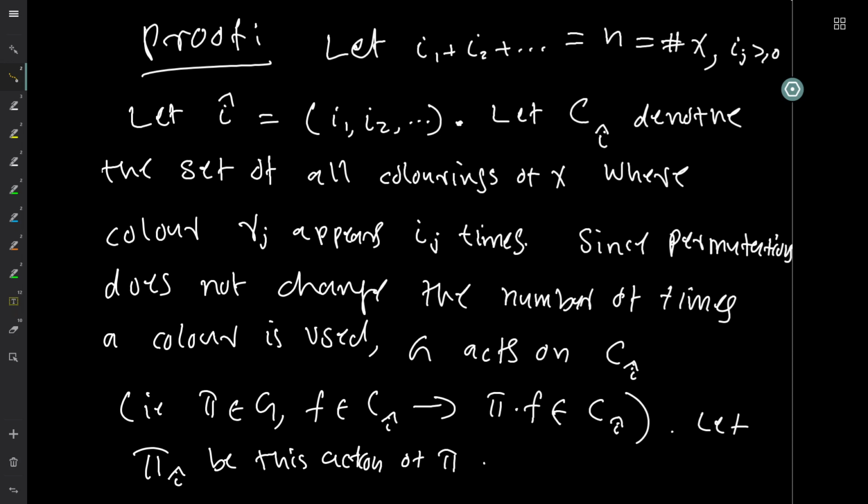So we can see that the group G, whatever subgroup of the symmetric group we are taking, acts on this restricted coloring set C I cap.